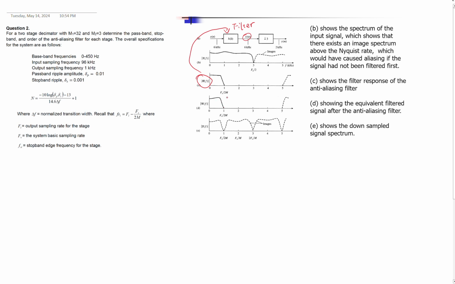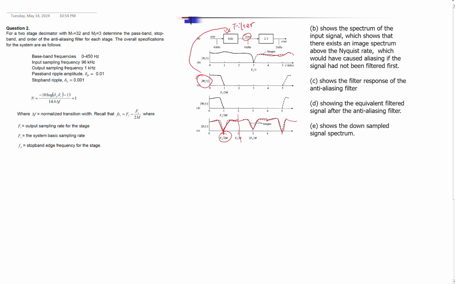Then you can safely downsample it by 3 times, so it becomes 2 kilohertz. 2 kilohertz is here, and this is the Nyquist frequency, so it will be mirrored against this half of the sampling frequency. As always, if you look at more samples, it will mirror itself multiple times. This one up to 6 kilohertz will mirror itself as well, we just didn't draw it there.